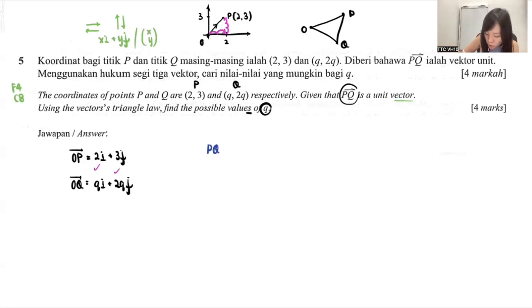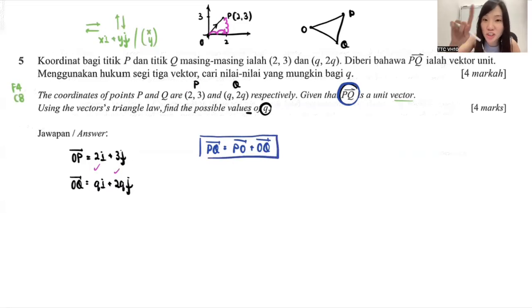Whenever P walks to Q, because I want to do PQ, P walks to Q can be P walk back to O first, and then from O walk out to Q. Now, this thing is called triangle law, because you are using a triangle shape to form this equation. Makes sense or not? P walk to O walk to Q, I can still reach Q.